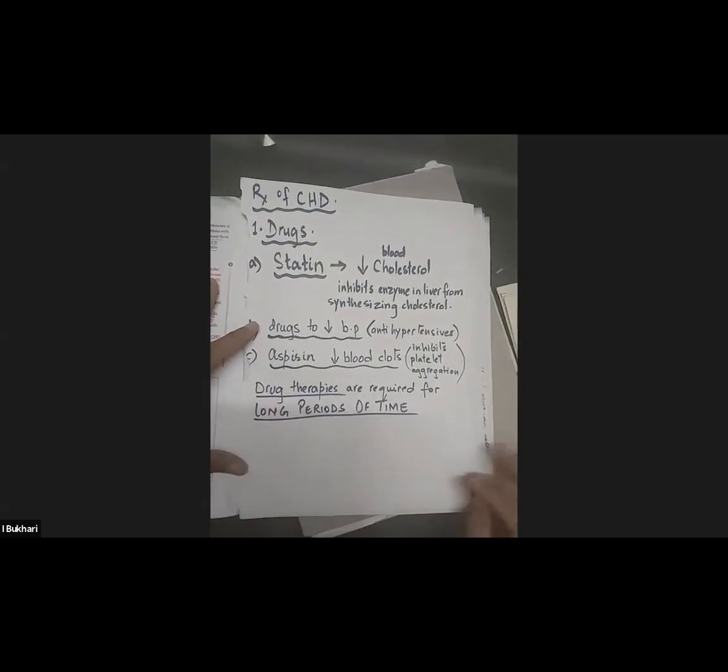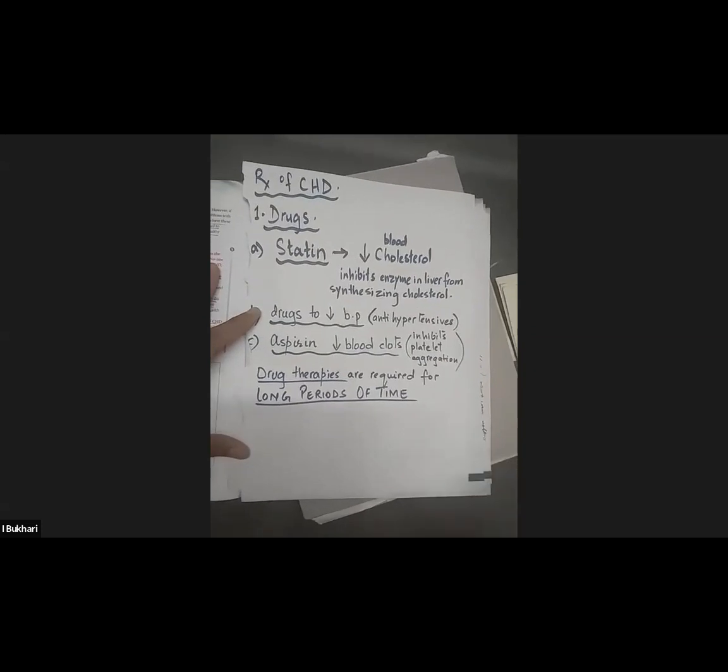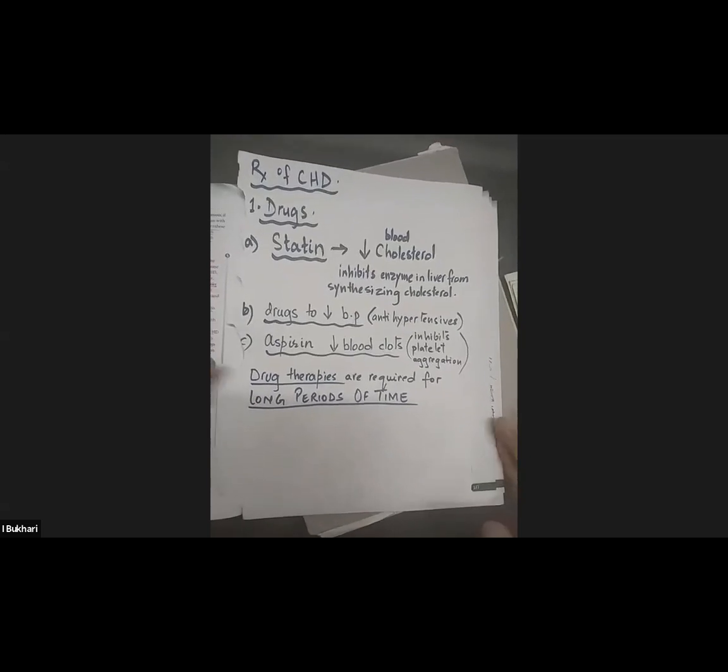So it is better to change your lifestyle instead, rather than depending upon these drugs, and these drugs have their own side effects as well. So this is not a very healthy way of dealing with the problem.